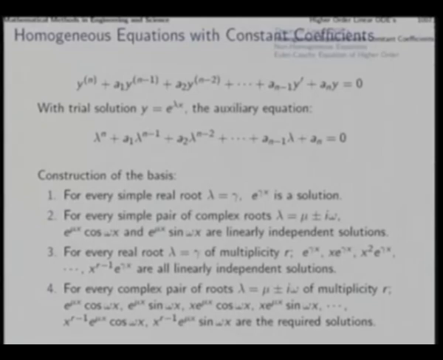Similarly, if e to the power gamma x, x e to the power gamma x and so on up to x to the power r minus 1 e to the power gamma x are all sitting already in the basis, then even if e to the power gamma x appears in the right hand side function, you will have to propose y p as x to the power r e to the power gamma x, that is the next, into some constant, and so on. So, this is a general rule.